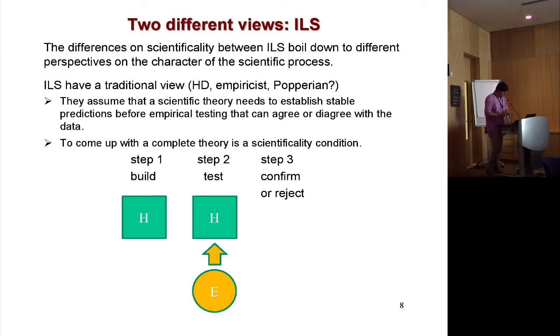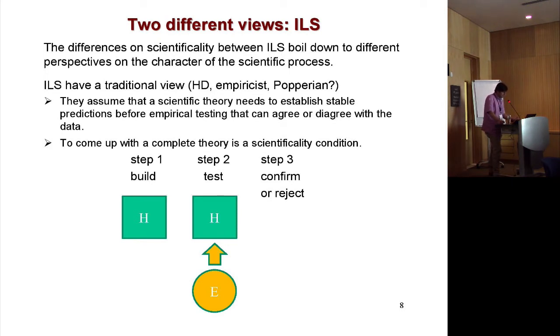So, if one looks at the differences between ILS and Guth et al., they boil down to substantially different perspectives on the character of the scientific process. And it's probably fair to say that ILS have a traditional, one may say empiricist, maybe Popperian view on that process.